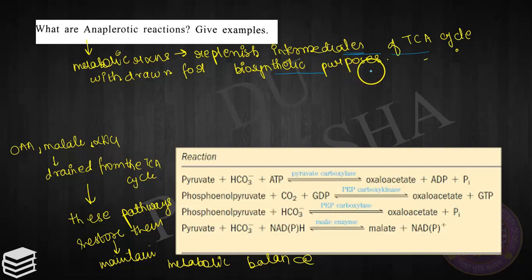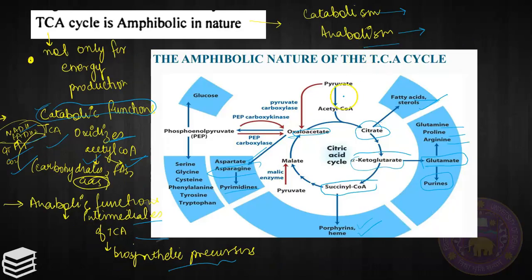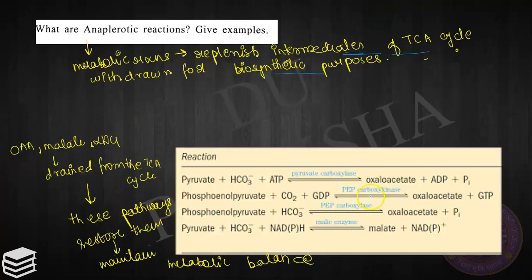Example, for the synthesis of amino acids, as we have seen in the previous question, it is amphibolic in nature. It has an anabolic role also, that is its intermediates are used for synthesis of fatty acids and amino acids and purines, pyrimidines, porphyrins as well as heme groups. So they are removed for various biosynthetic purposes.